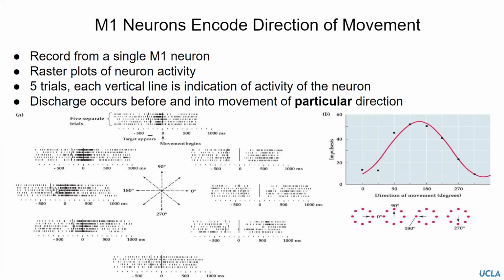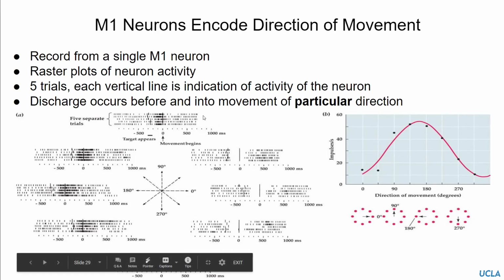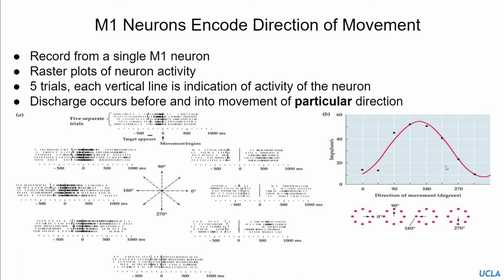And if you look here, there are way more impulses over that span of time. So that makes perfect sense. That is why you would have an increase here. And then if you go to 270, that's higher than 0, but much lower than 180. So let's find 270. That's down here. And if you look at it, it's pretty evenly spaced. And that's kind of what you would expect here because it's kind of in between the 0 and the 180. So this graph is simply showing you this data.